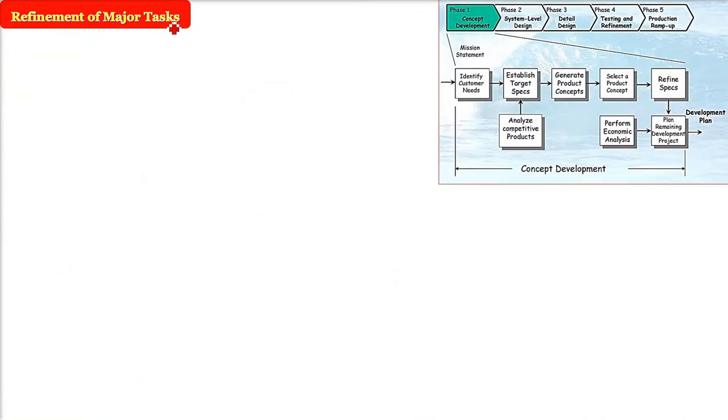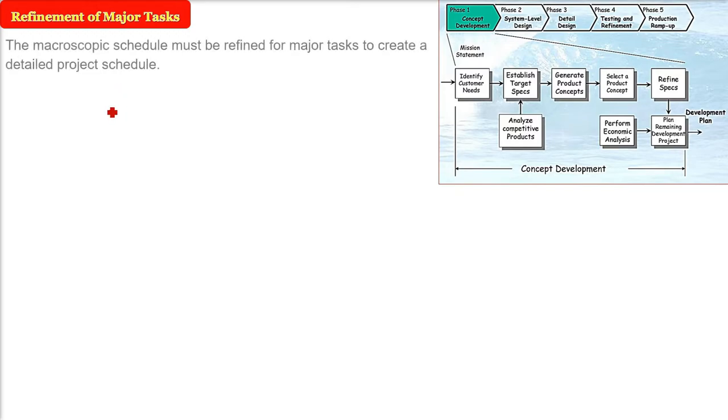Now when we have devised and found the major tasks, the next part is to refine them to get the actual tasks which have to be put on the timeline as an activity. So the macroscopic schedule, that is the bigger schedule, must be refined for each major task to create a detailed project schedule.